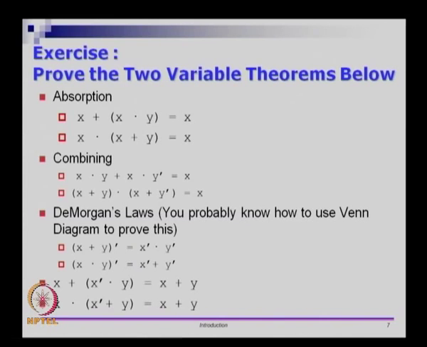Once you get comfortable with truth tables, maybe you can move to algebraic techniques, but it gets easier as you go along. De Morgan's law, of course, you can prove with Venn diagrams also, but typically we avoid proving with diagrams when we do Boolean algebra, because doing it with a few variables is okay. If it goes beyond a few variables, it gets very complicated to do Venn diagrams. But I give this as an exercise to you, go and do this.